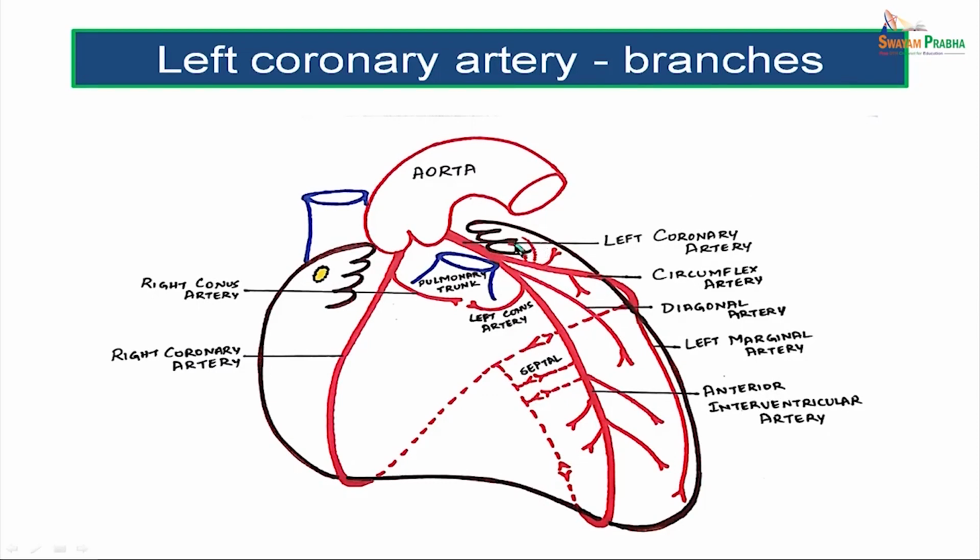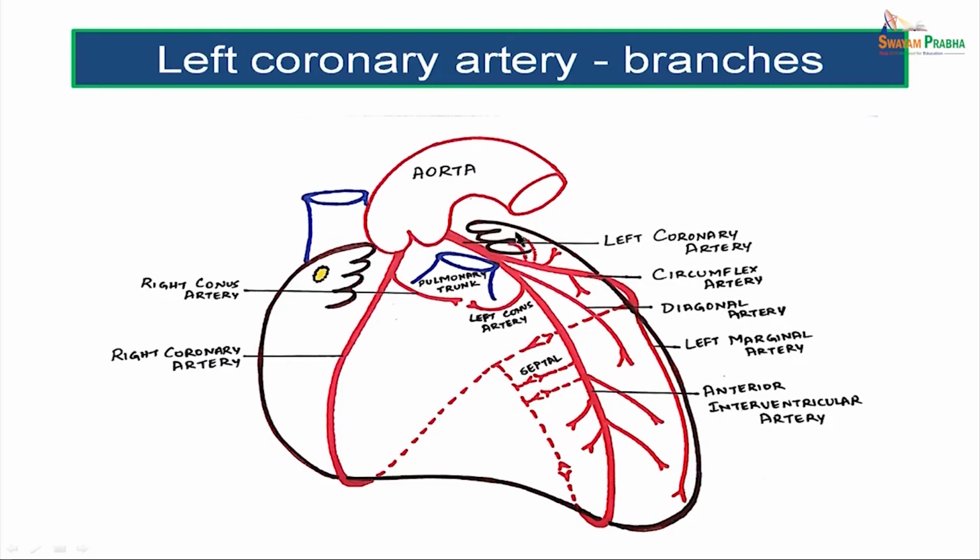Occasionally it gives a branch which is going to replace the branch arising from the right coronary to this node. What is this node which is present here in front of the superior vena cava opening? This is the SA node. So, if the SA nodal artery is not arising from the right coronary, then the SA node will receive a branch, seen in about 30% of individuals, arising from the circumflex branch.